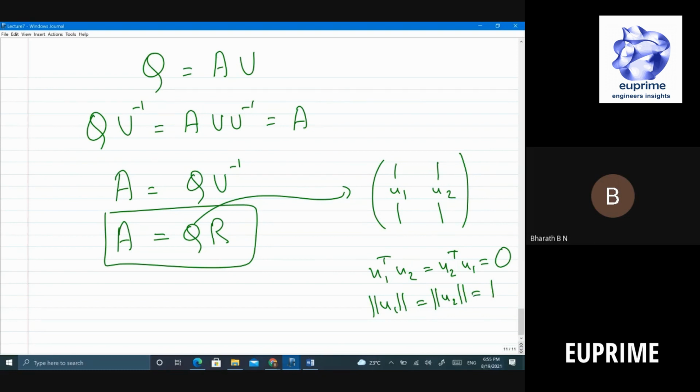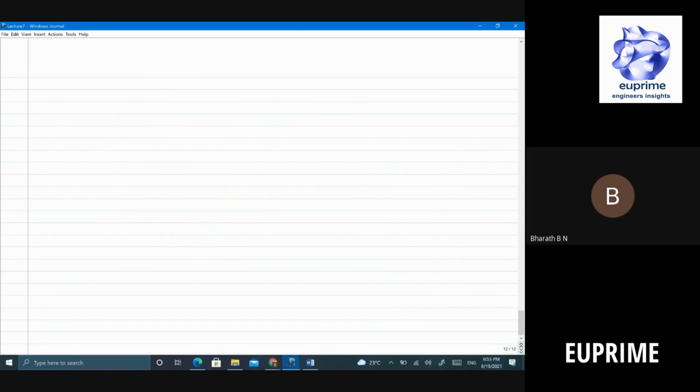So now if I take Q transpose Q, what do you get? Q transpose is U1 transpose this way, U2 transpose this way, times U1, U2.